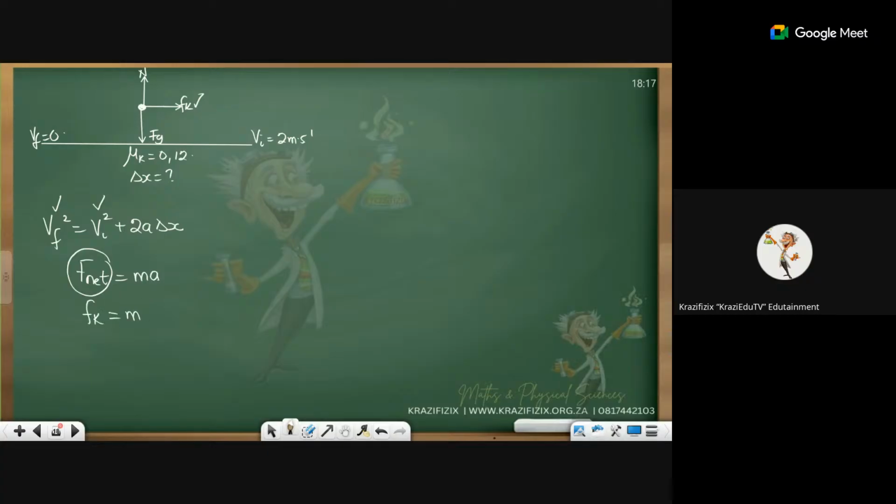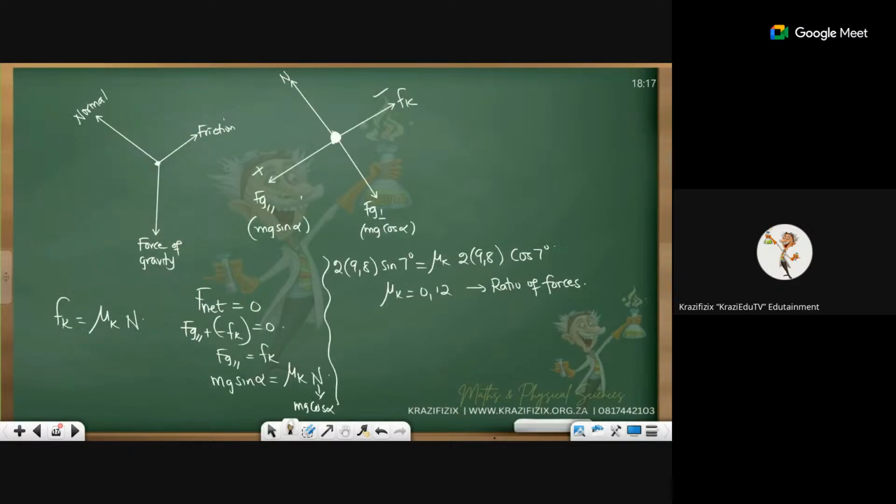Friction equals MA. The question is, do I know friction? No. But friction is mu k N. Does that make sense to us? And this time around, my N is mg, not mg cos anymore. That's why you must get your free body diagrams correct. There, my N was mg cos.